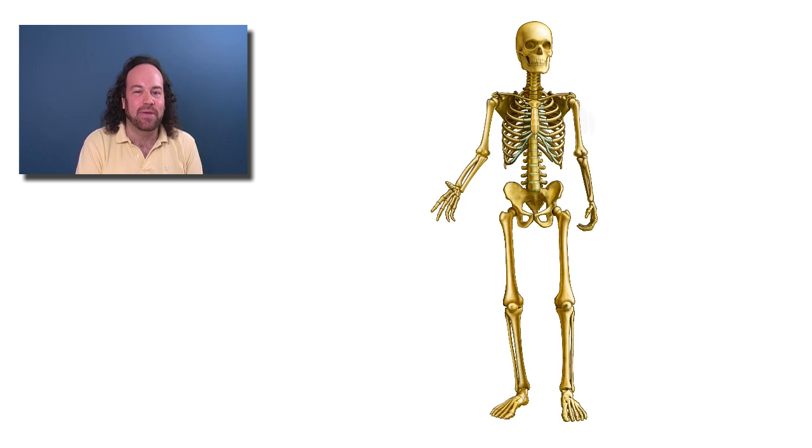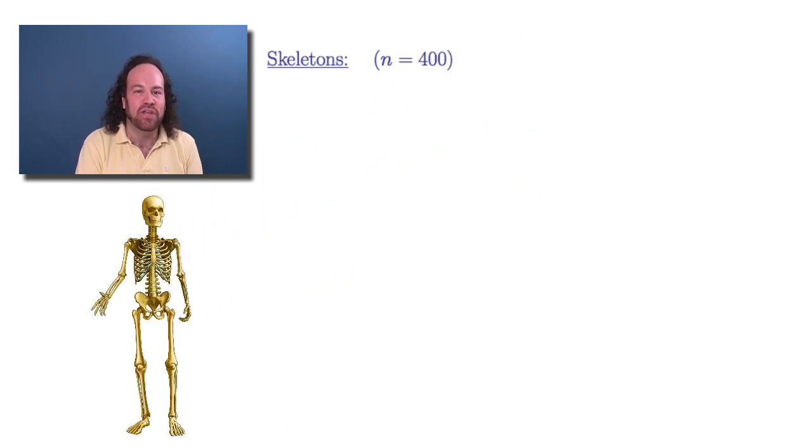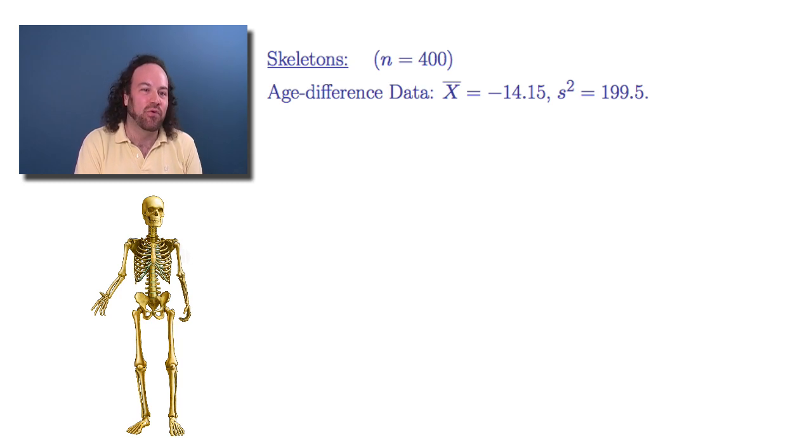Or for another example, let's consider again our old friends, the skeletons. In that case, we had 400 observations, so n was 400. For each one, we had the difference between the estimated age and the actual age at time of death, and the mean of those 400 different age differences turned out to be about minus 14.15. And the sample variance of those 400 observations turned out to be about 199.5.